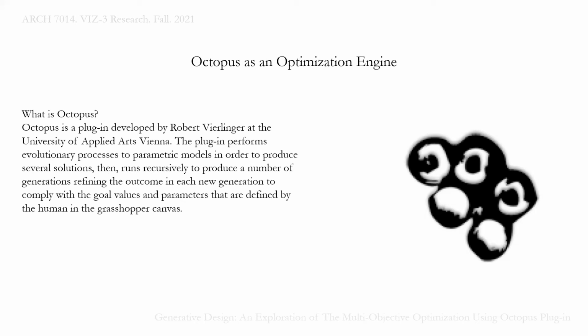So it basically takes your input, your parameters and your goal values, and then provides solutions to the problems that you gave Octopus, and then it keeps producing generations, and each new generation would be an improved version of the previous generation.